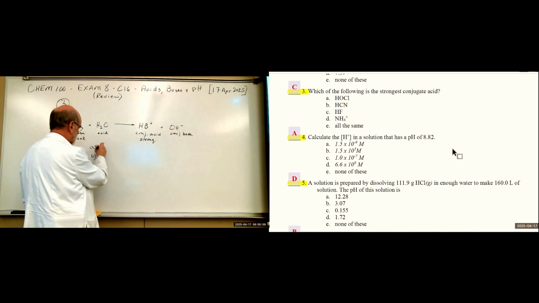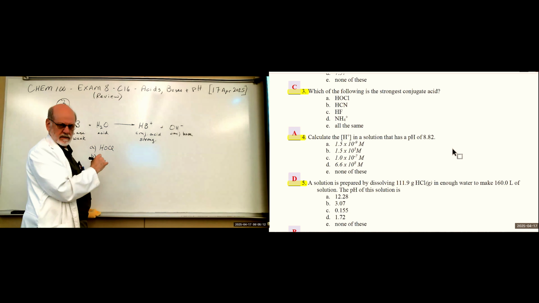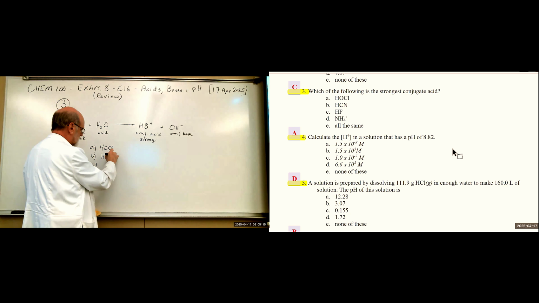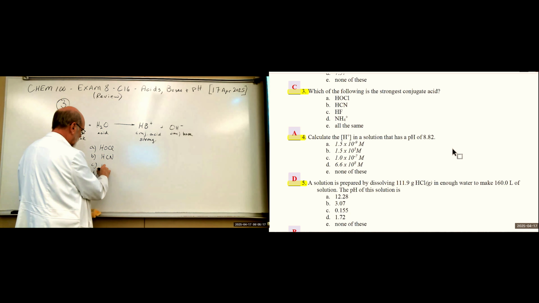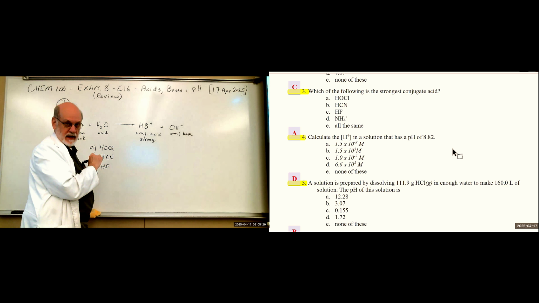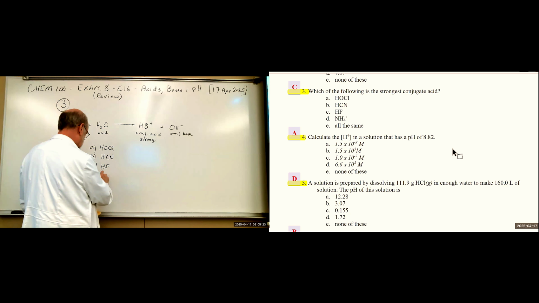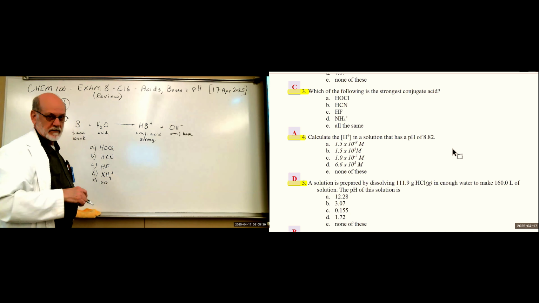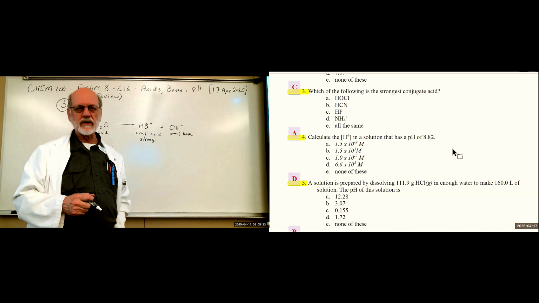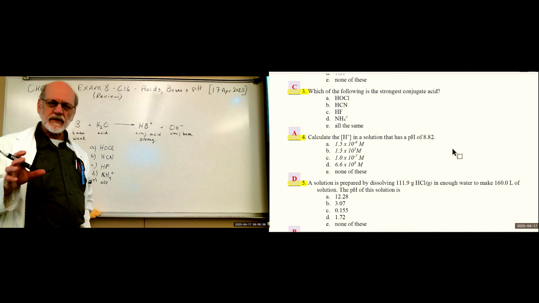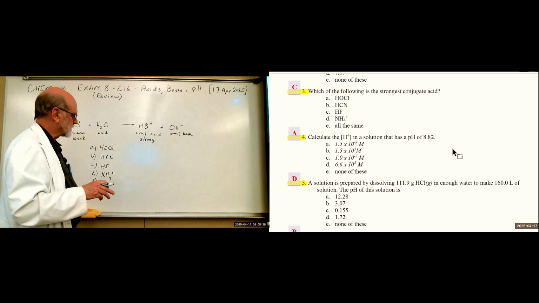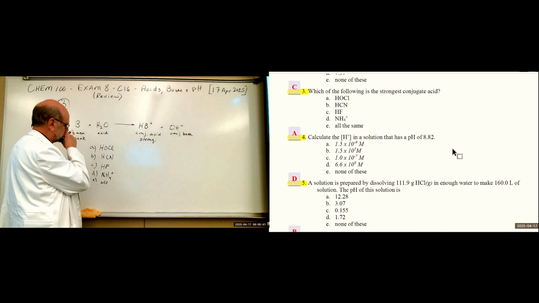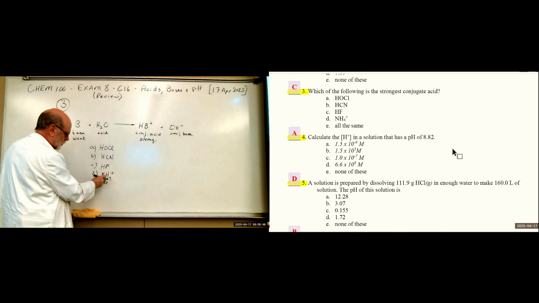Okay? So when we look at these choices here, we have hypochlorous acid, we have hydrocyanic acid, we have hydrofluoric acid, and we have ammonium ion. And then all of these as a choice, which is neither here nor there. So which would be the strongest conjugate acid? Well, we have to think about this one.